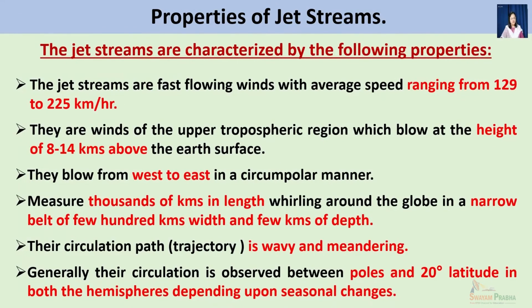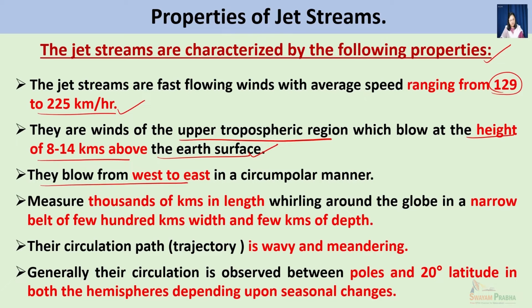The jet streams are characterized by the following properties. The jet streams are fast-flowing winds with average speed ranging from 129 to 225 kilometers per hour, which are located in the upper tropospheric regions and blow at a height of 8 to 14 kilometers above the Earth's surface.